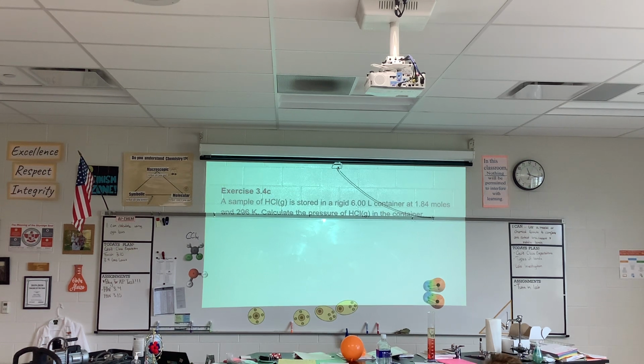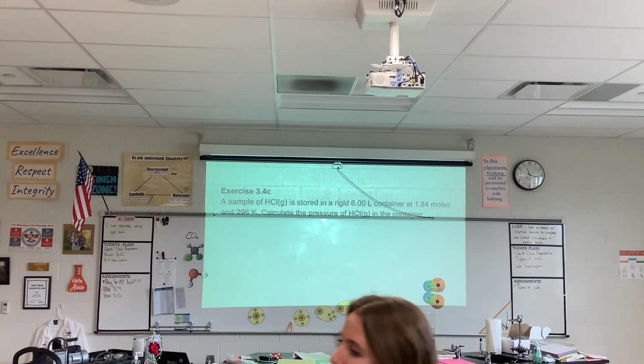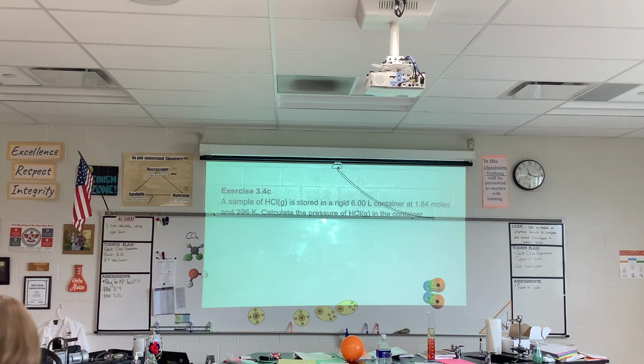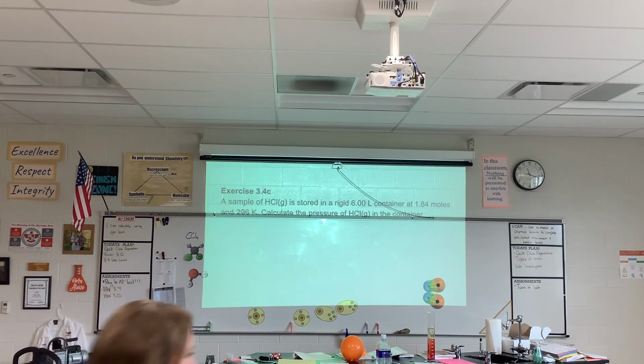Once again, think with the R value. The R value needs to cancel out all the units you don't want. If it doesn't cancel out the units you don't want, then maybe rethink your R choice.